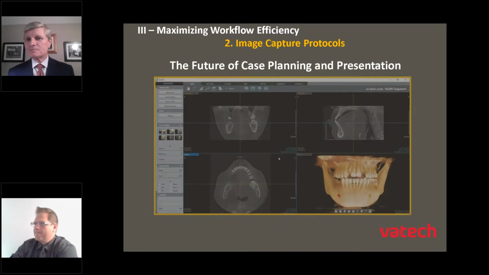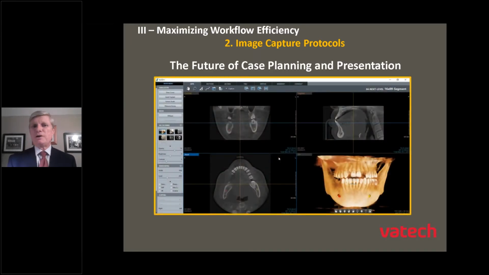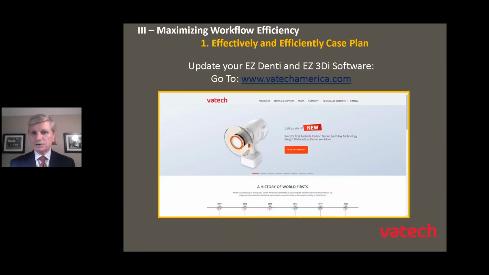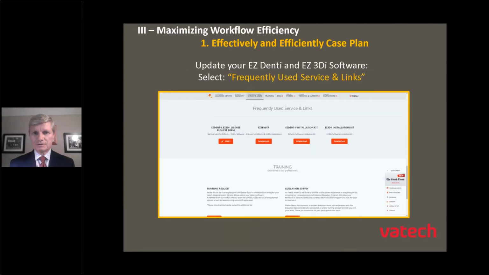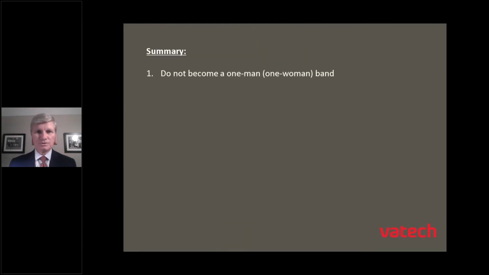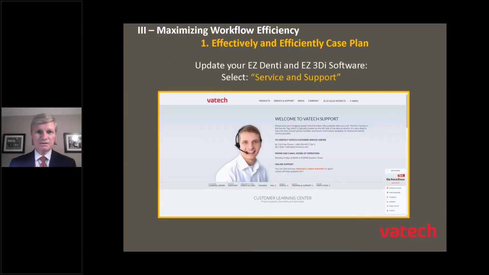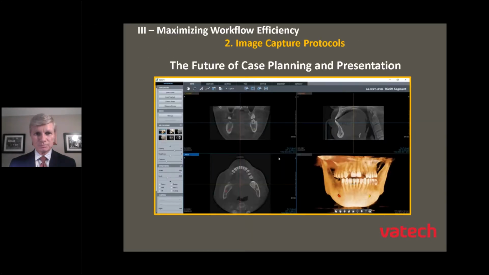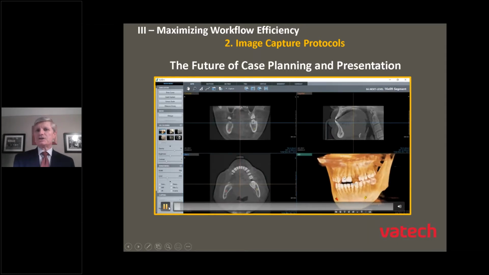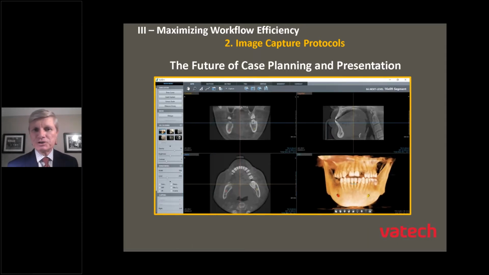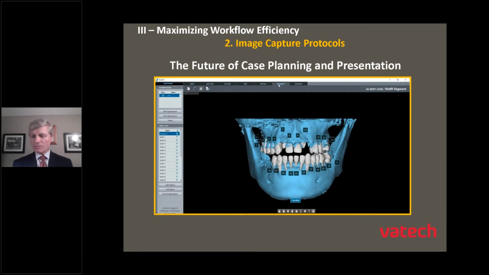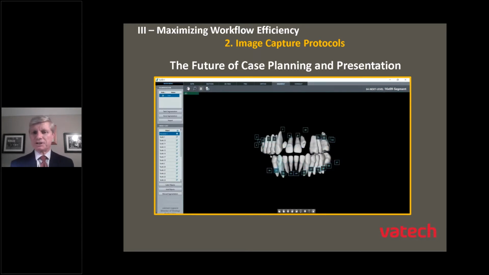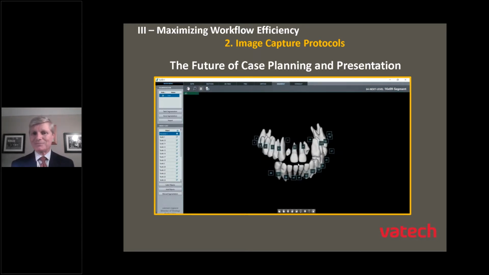All right. So in the beginning, we also talked about what is the future of case planning within 3D software. In terms of the future of case planning and presentation, a new tool that's available within the 3DI software is called a segment tool.